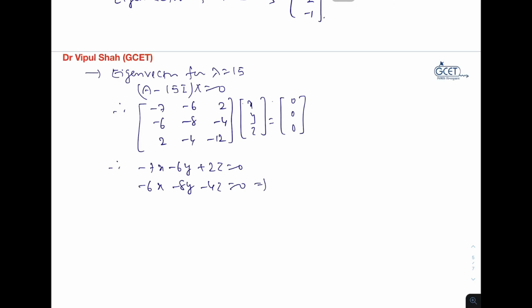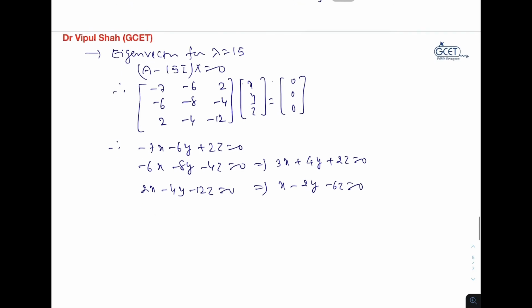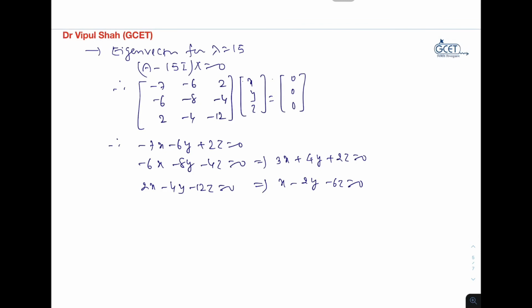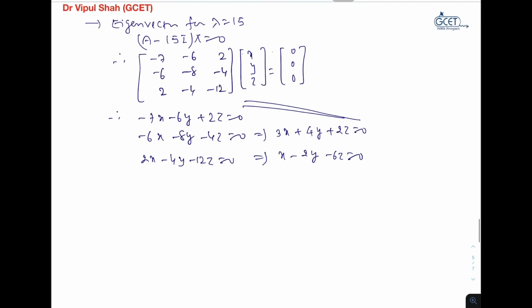Even you can write this as 3x plus 4y plus 2z equal to 0. Then 2x minus 4y minus 12z equal to 0, that can also be written as x minus 2y minus 6z equal to 0. You can select any two equations. Let us have these two equations.